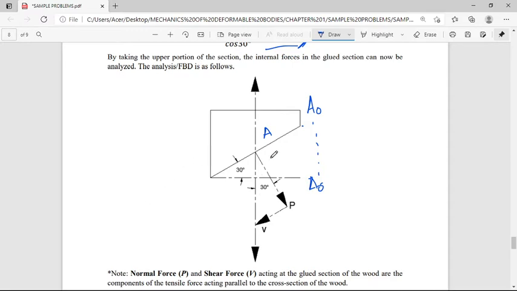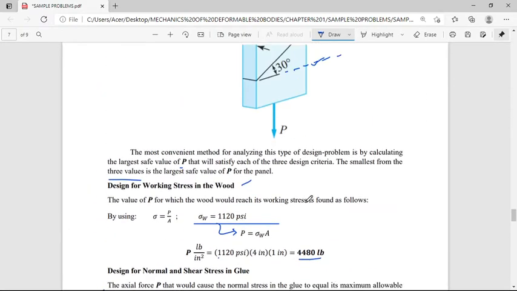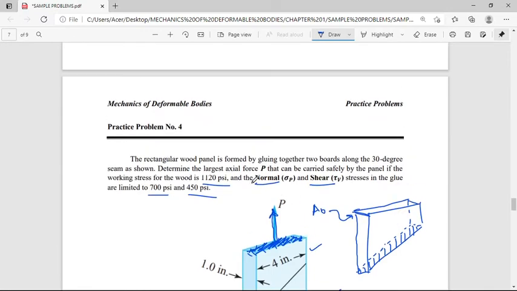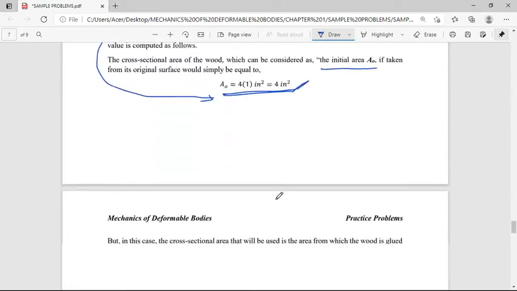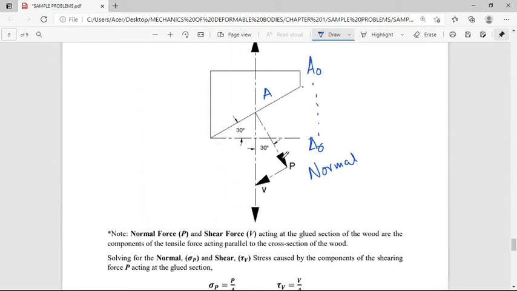Tapos, nag-draw ng perpendicular line dito sa may glued surface. Ano ba itong perpendicular line na ito? Ito yung ating normal force. And itong normal force na to, yung magbibigay ng normal stress na given dito sa ating problem. Okay? Doon sa may perpendicular line na yun, mag-draw ka ngayon ng parallel line.